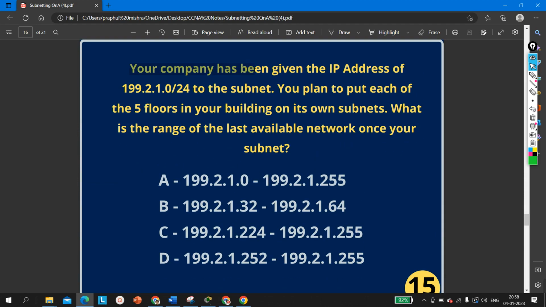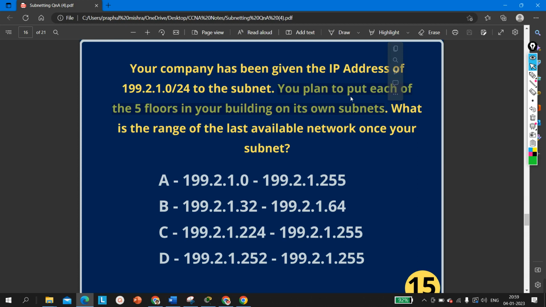Now check this question guys. Your company has been given the IP address of 199.2.1.0/24 to subnet, and you plan to put each of the 5 floors in your building on its own subnet.